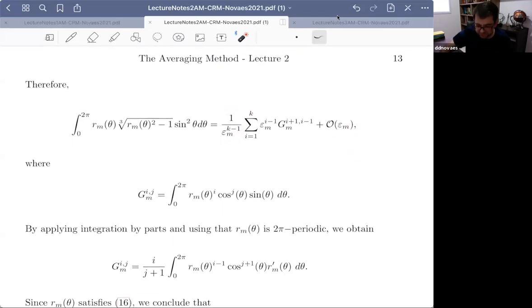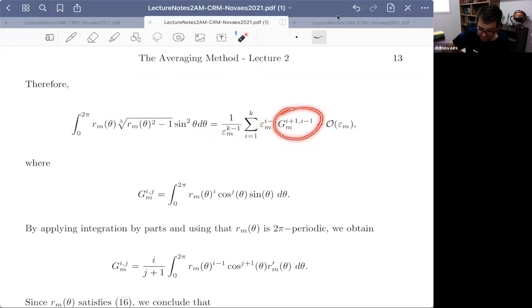because we have an epsilon m power i minus 1. So for instance, if i is equal to 1, then we do not have epsilon here, and we have an epsilon in the denominator. So we have to be careful in order to conclude that this goes to 0.